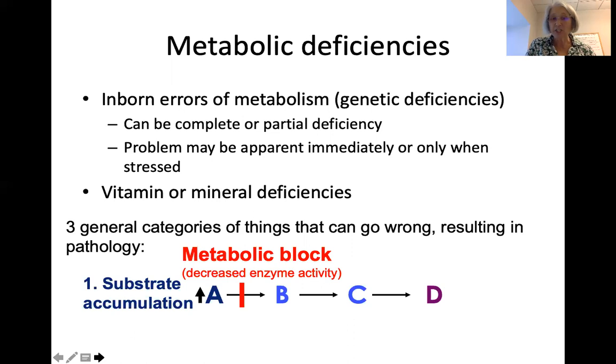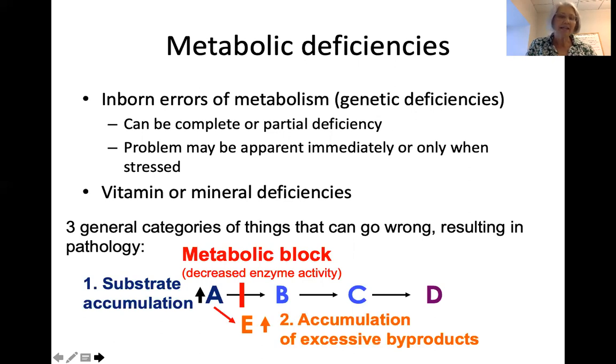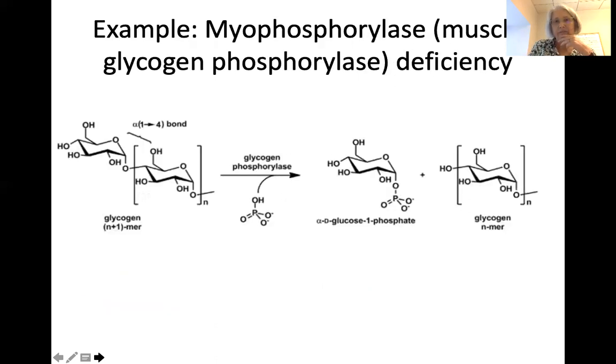If we have too much of A accumulating, that can cause pathology itself. Or it could be that A gets converted to something else, some other metabolite that is toxic. Or it could be that we don't have enough of a needed product. So we have a deficiency of a product, and that can cause pathology. So let's look at some examples of that.